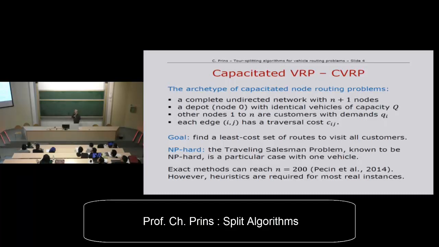The problem is NP-hard because it contains the traveling salesman problem as a particular case. Exact methods can solve optimally problems with up to 200 customers, but of course many real instances are bigger, so heuristics are still required.